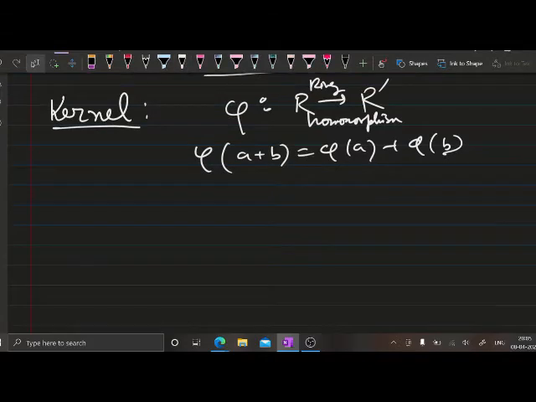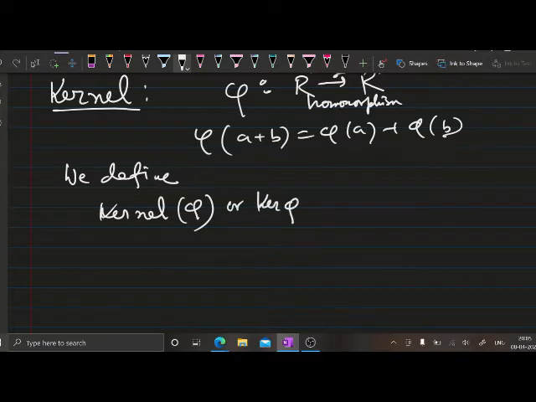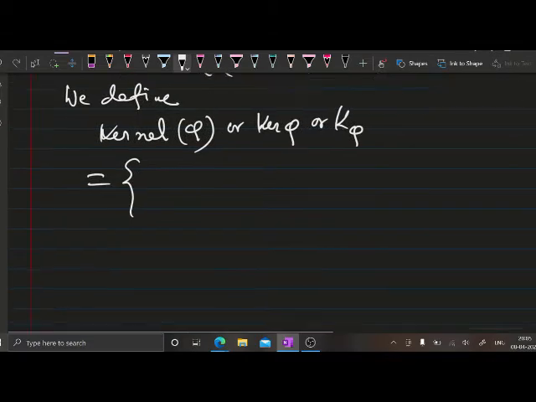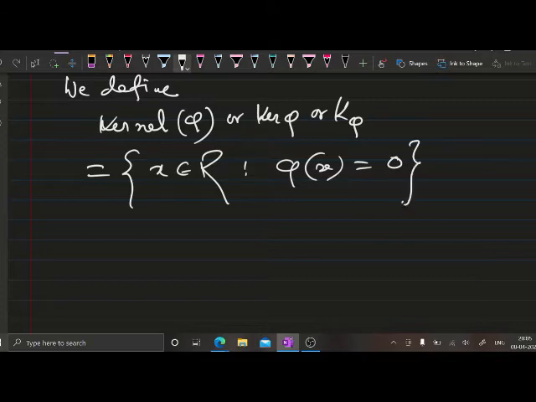So in an analogous way you can define the kernel of a ring homomorphism. We define the kernel of phi, which we denote by ker phi or simply K phi, to be the set of all x belonging to the ring R which are mapped to the 0 of R' via the map phi.